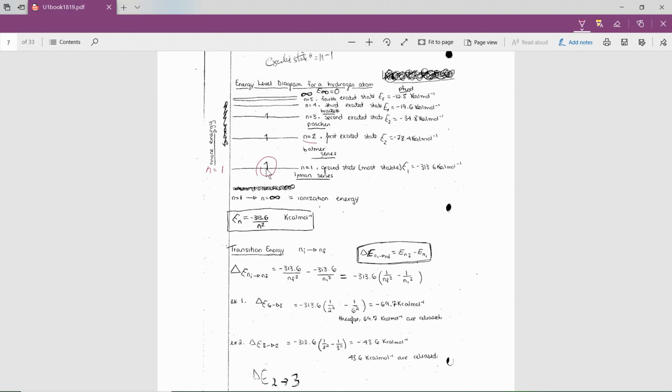If instead I kick the electron up from the 1st level to the 3rd, the energy would be in the 2nd excited state, minus 34.8 kcals per mole. In the 4th energy level, it's minus 19.6. The 5th is minus 12.5. If you go up to the infinitely high energy level, then the electron's gone from the hydrogen atom, so it's 0. It's now called a free electron.